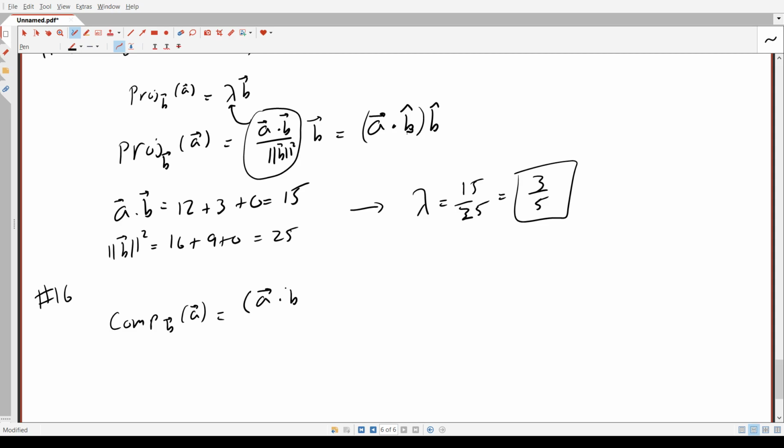A dot b divided by norm of b, right? Not squared, just norm of b. So we already know what these are. This is 15 on top, and on the bottom, that's the square root of 25. That gives me 3. All right, so those are the EMCF questions.